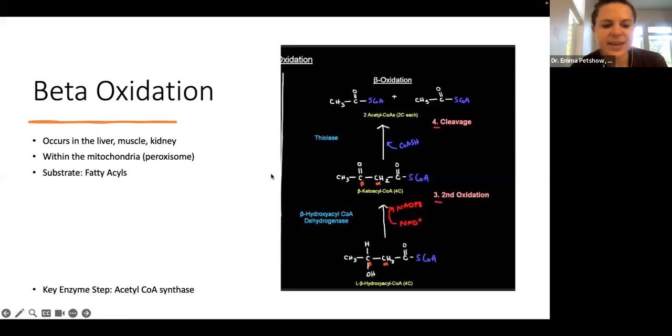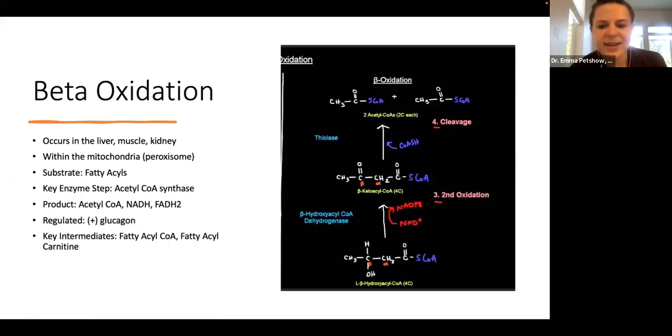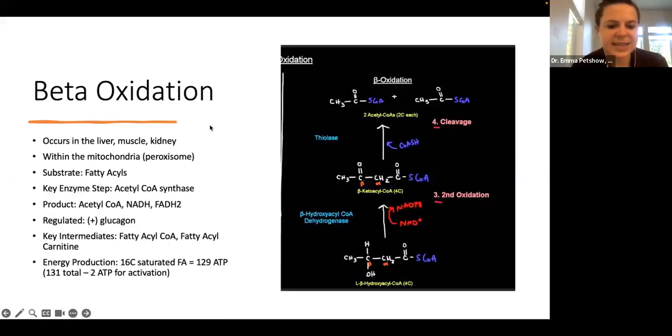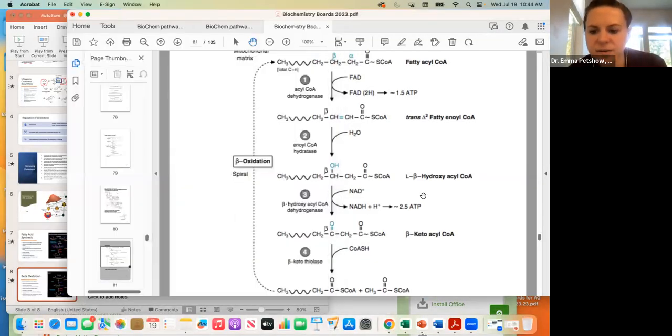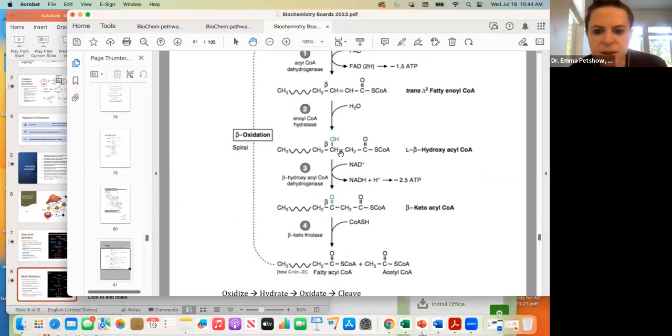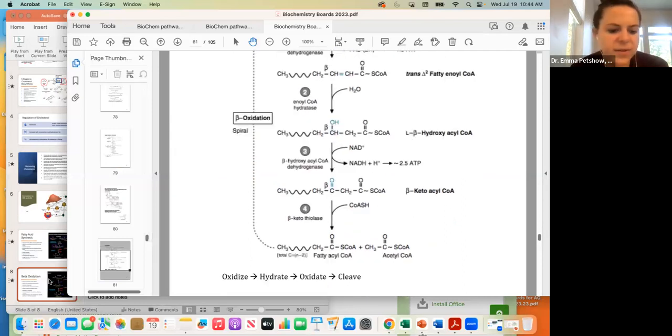Is going to be here. Acetyl-CoA synthase. Key enzymatic step for beta oxidation breakdown. No, that's totally wrong. Okay, ignore this. Ha, hilarious. Sorry, y'all. I love when my slide set isn't updated. Okay, we'll get to here. I got us.